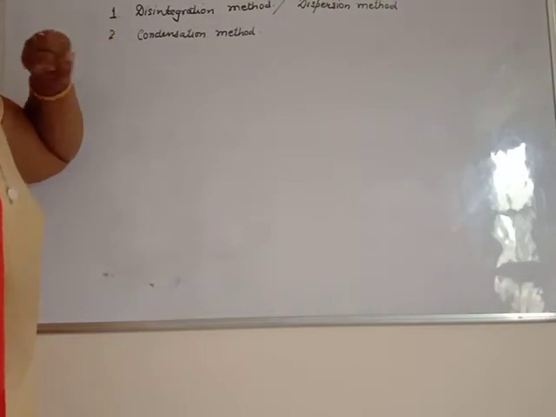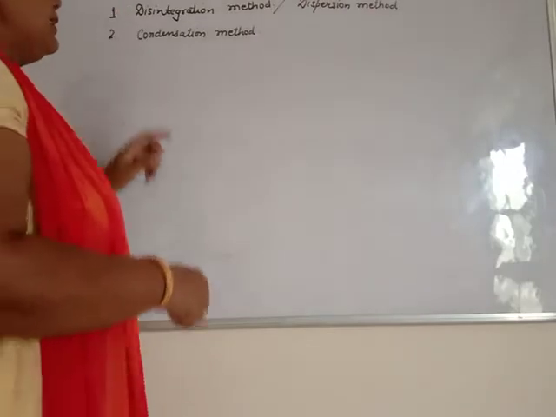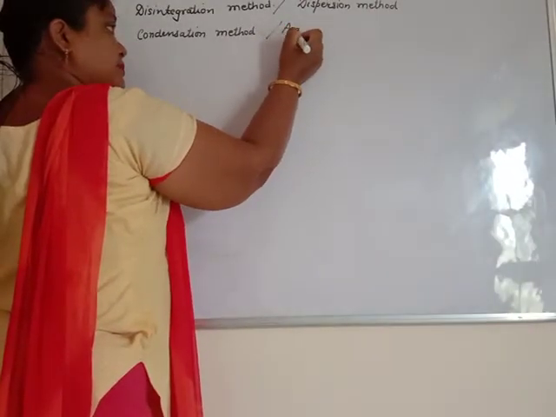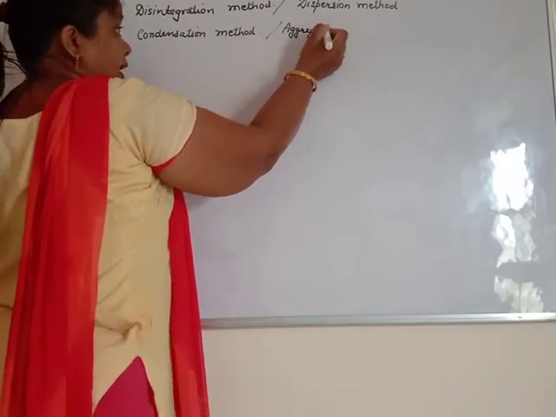This aggregated particle is in the range of 1 nanometer to 1000 nanometer, that is the colloidal range, and gets dispersed in the dispersion medium. Then the condensation method is also known as the aggregation method.